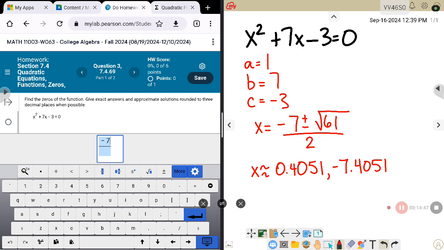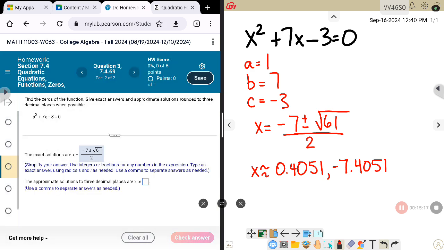Also, if you look right by the word more in your toolbox, you'll see that plus minus symbol. That makes it easier so you don't have to type in 2 separate answers here. It's typing them in together. And then the square root from my toolbox, 61, and then go to your denominator, and your denominator is 2.